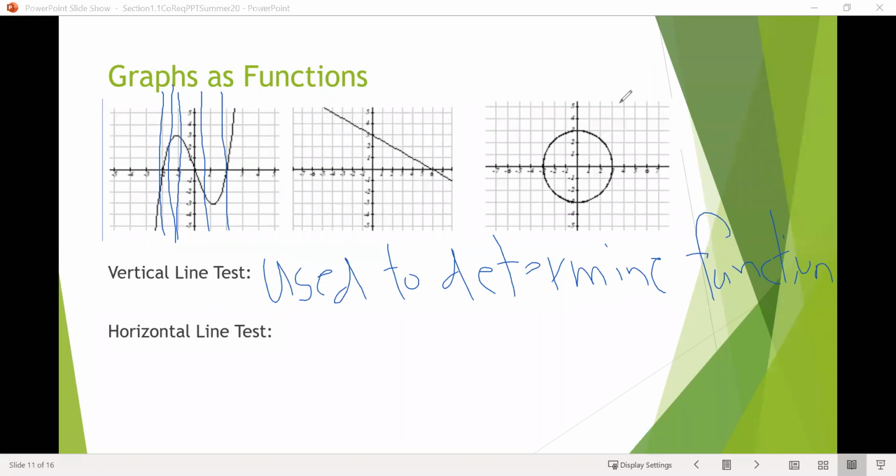We can see a similar possibility for the second graph here. And we already know that's a function. But it doesn't work for the third one, right? Notice that I can draw multiple vertical lines that will intersect this graph in more than one place. So that's how we know that is not a function. And hopefully it makes sense why this test works, because we saw with the circle there that if we chose an input, we could go up and down and find two different outputs, right?